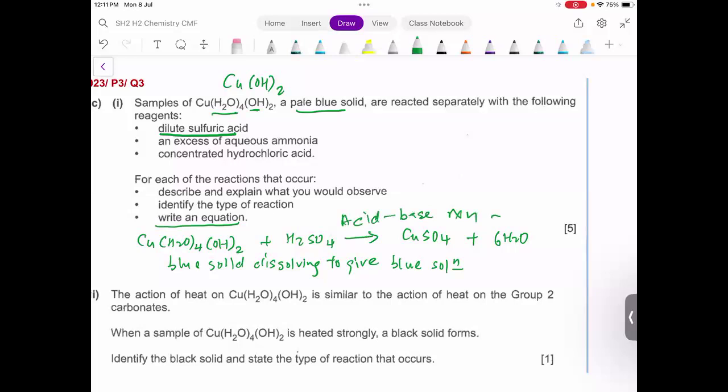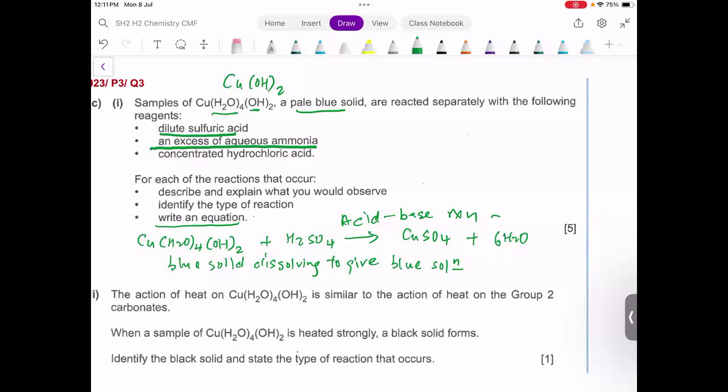When you look at the second bullet, what do you think is happening over here? Based on the worked examples that you have seen, or based on what I tell you, water, ammonia, chloride, they are all potential ligands. So this is likely a ligand exchange.